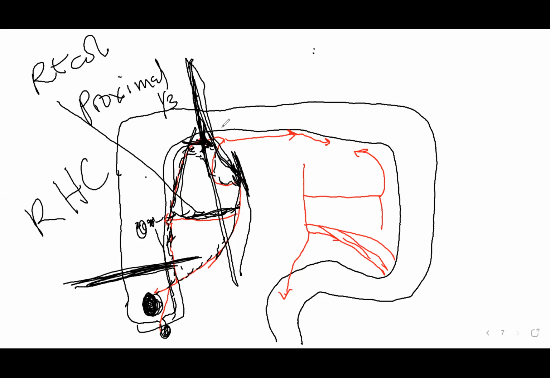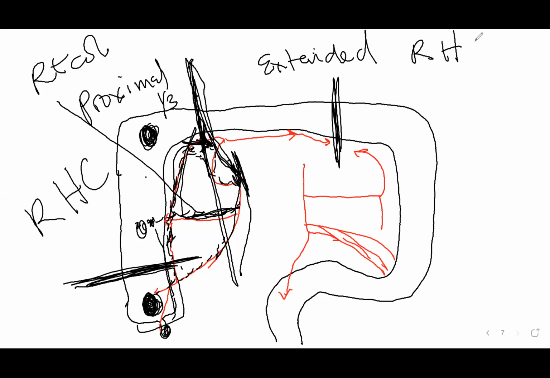If you have a tumor in the hepatic flexure, you have to extend your resection now, okay? If the tumor is in the hepatic flexure, you do what is called extended right hemicolectomy.